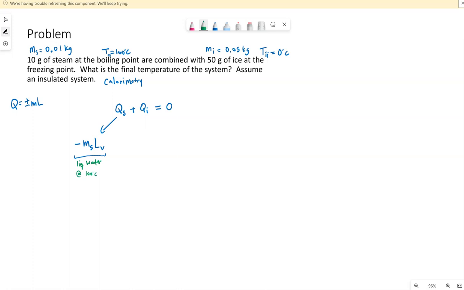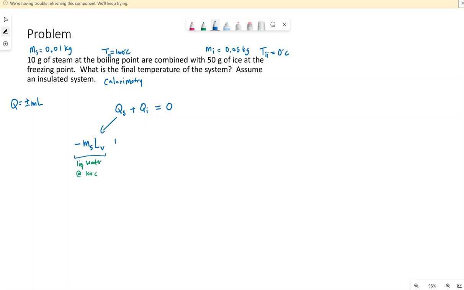So the equation m times L accounts only for the energy needed in terms of changing the phase. Whether we put the energy in or take it out, it's only for the change of phase and not the change in temperature.